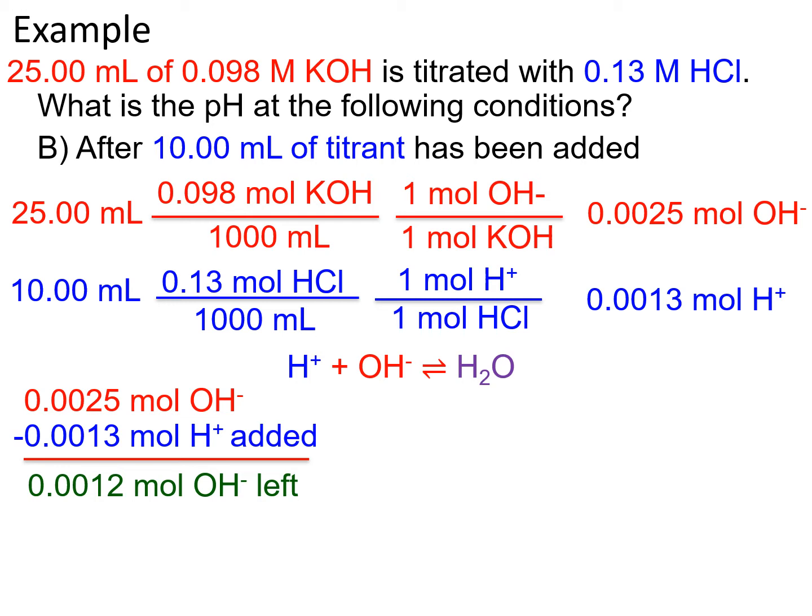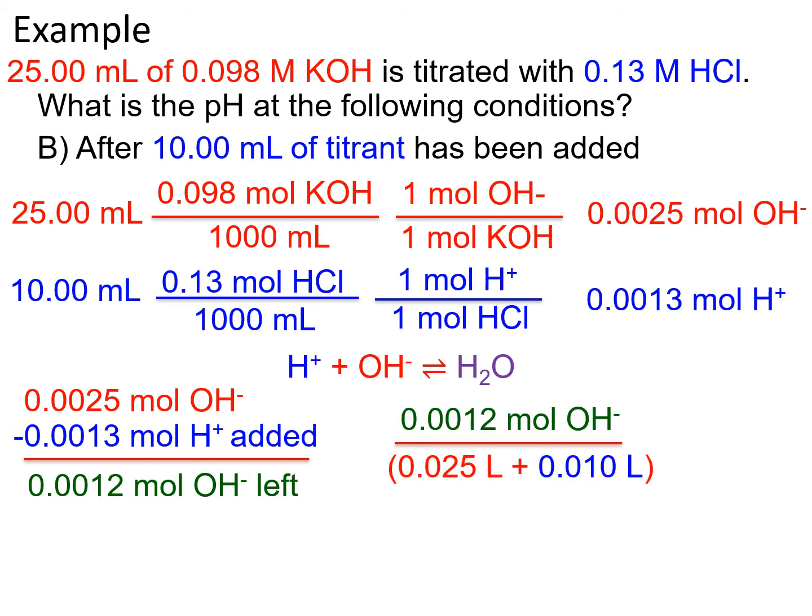If I want to convert this to pH though, I need to keep in mind that while my number of moles has changed, my molarity of my new solution has also changed because I have less hydroxide left and I changed the volume. So once you're done with the stoichiometry, then you would need to recalculate what the molarity is.